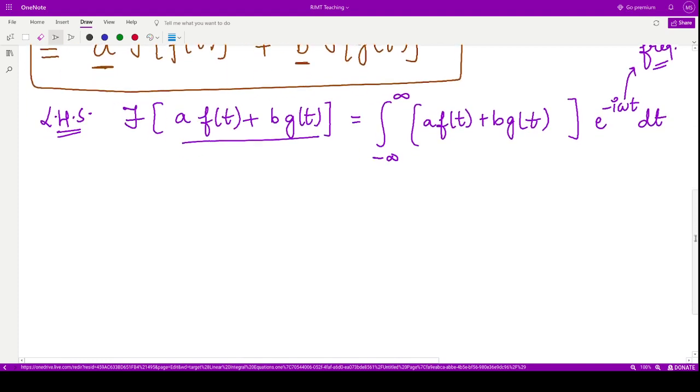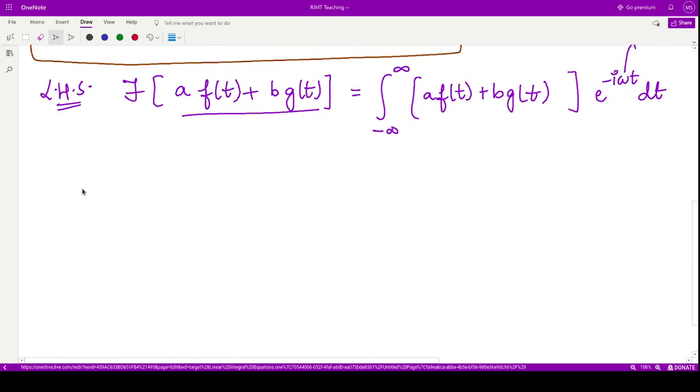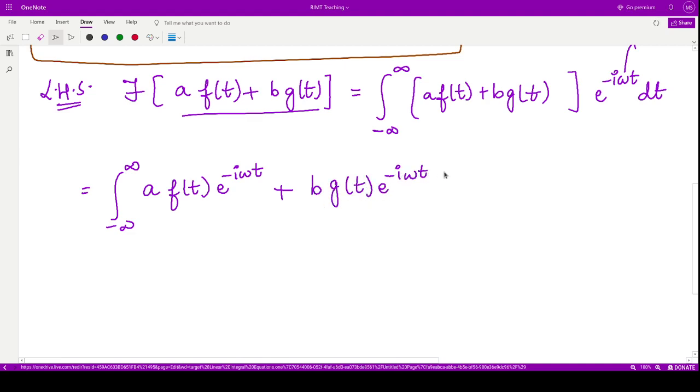Now I can open up this bracket. So I have the integration from minus infinity to infinity of a f of t e to the power minus iota omega t dt, plus b g of t e to the power minus iota omega t, and the whole thing dt.